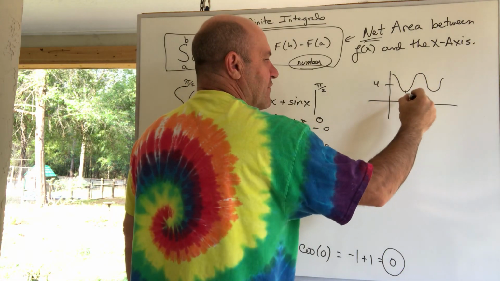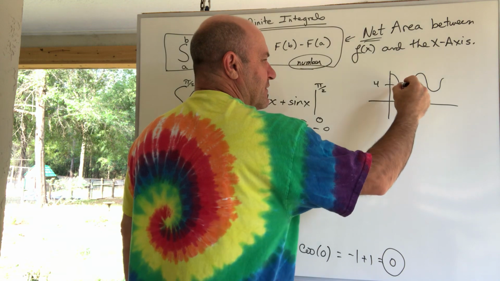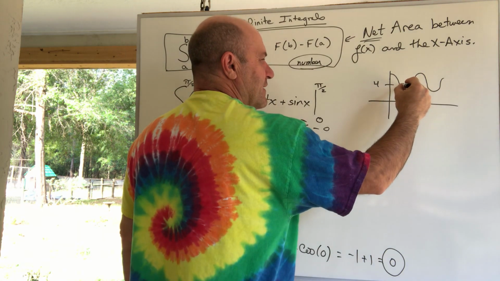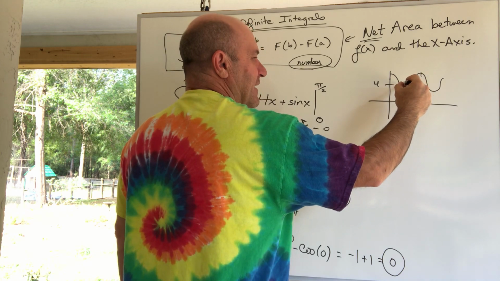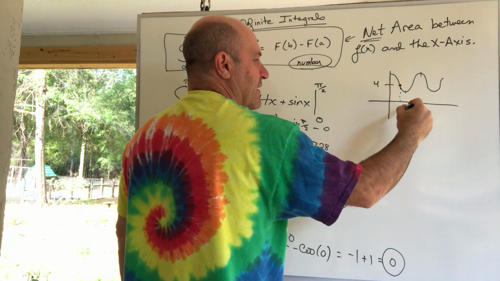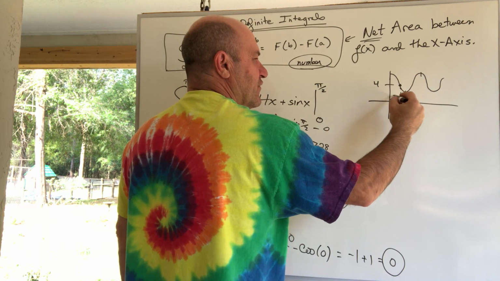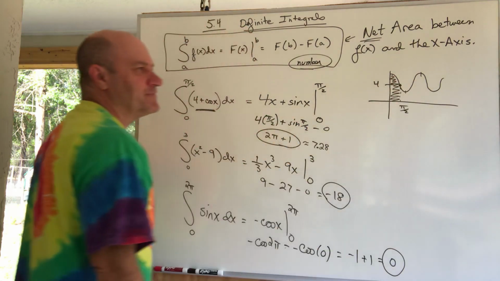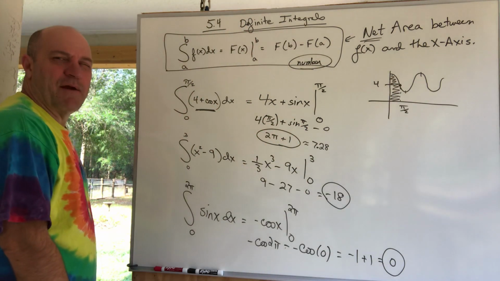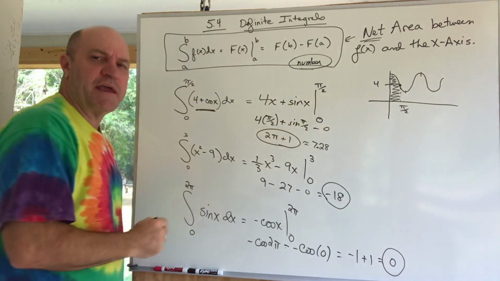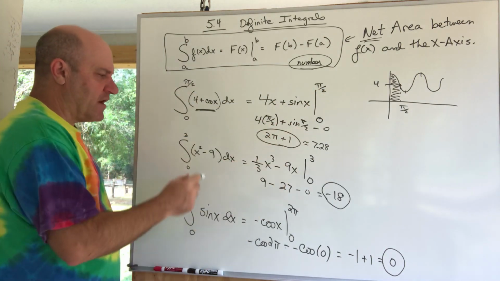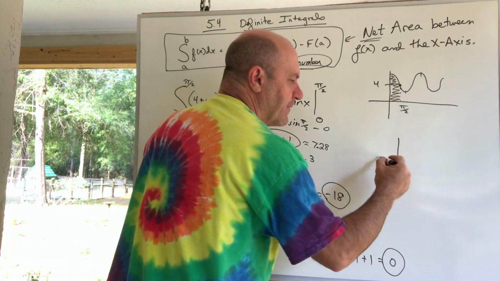Hang on, that's 2 pi, that's pi. Yeah, I'm just going to go to pi over 2. So we found that area, I guess. I tried to graph that function from 0 to pi over 2 and illustrate the area for you. Check this one out.